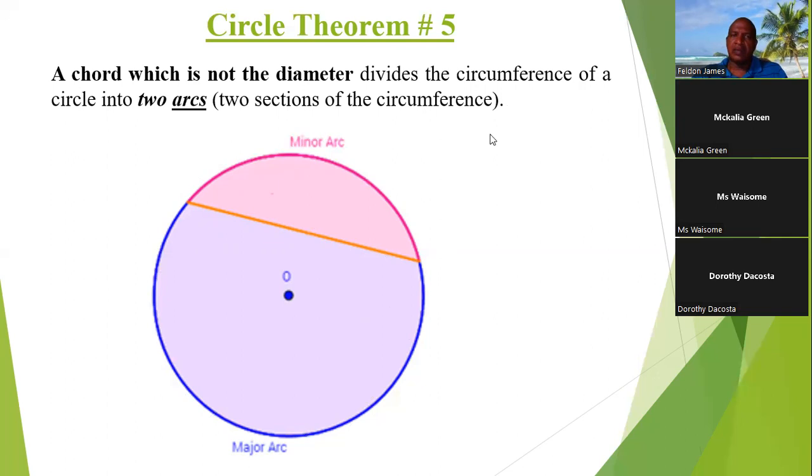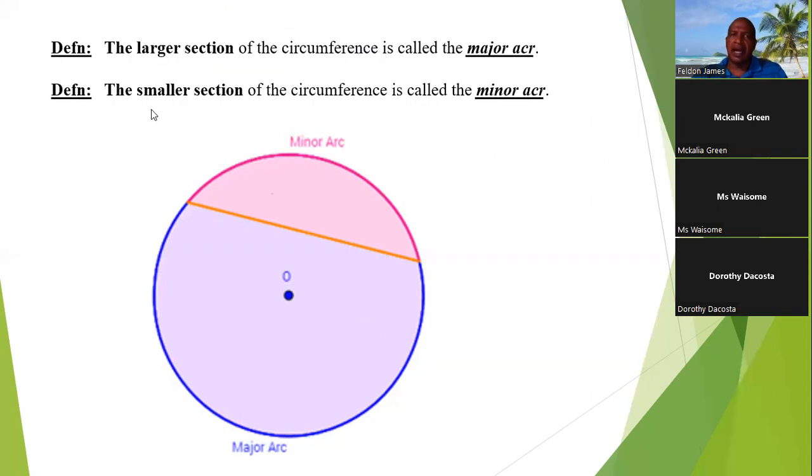All right, so a chord which is not the diameter divides the circumference of a circle into two arcs, minor arc and major arc. The largest section of the circumference is called the major arc, and the smaller section is called the minor arc.